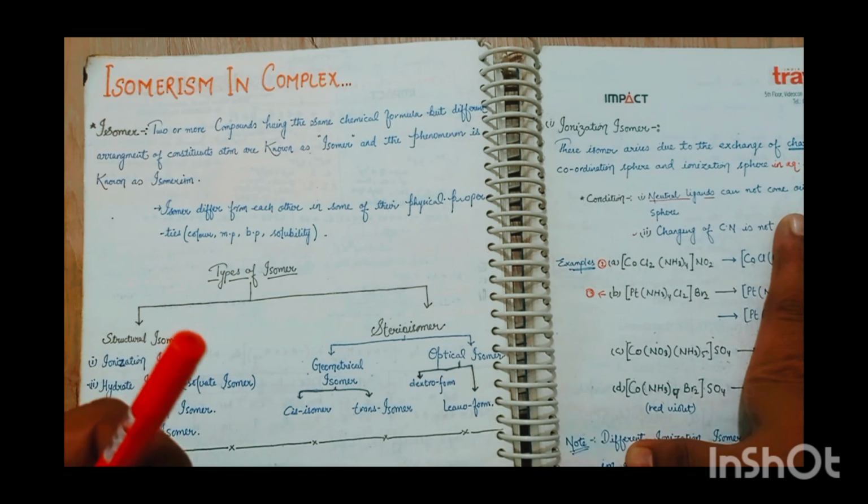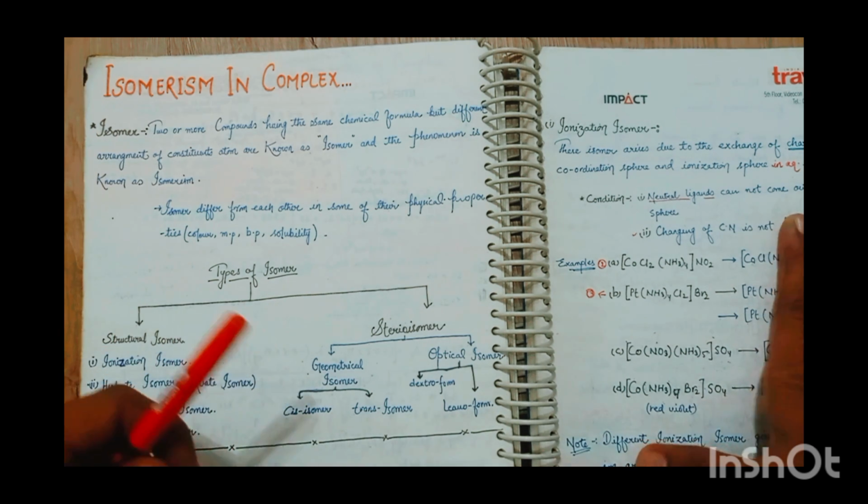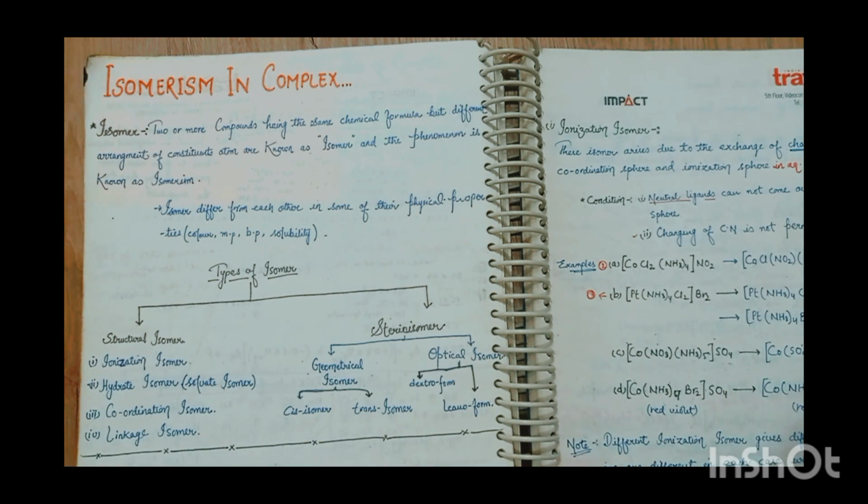It is the last topic, or you can say the second last topic, of coordination compounds. After watching this video, you will be able to solve your board examination questions definitely, as well as competitive examination questions. Watch this video and let's start.